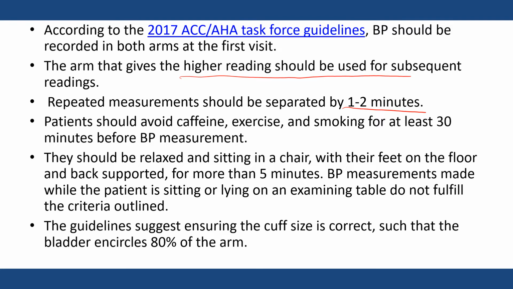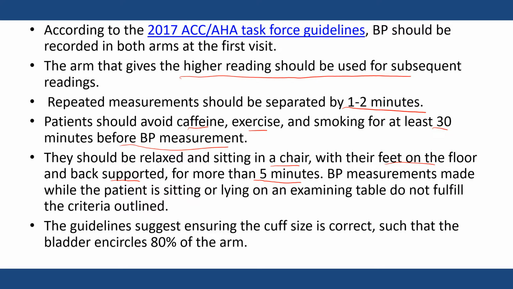Patients should avoid caffeine, exercise, and smoking for at least 30 minutes before blood pressure is taken. Patients should be relaxed and sitting in a chair with their feet on the floor and back supported for more than 5 minutes.